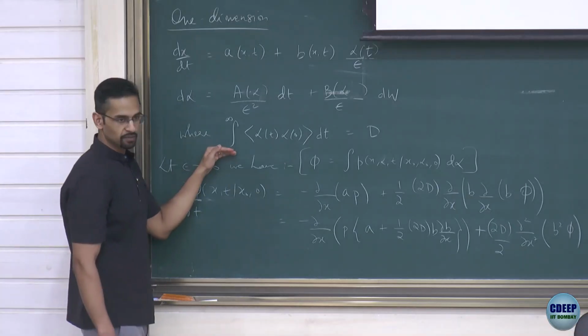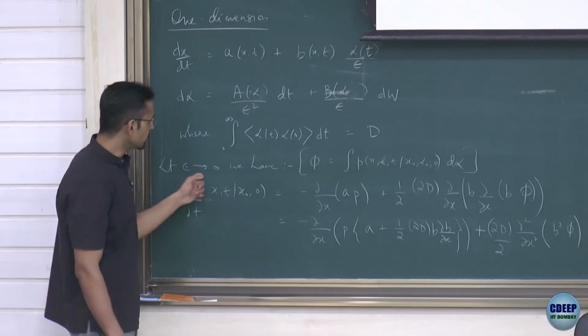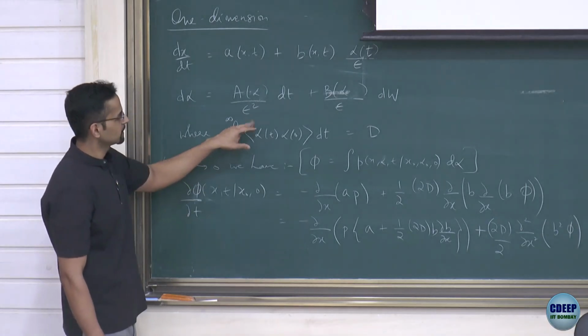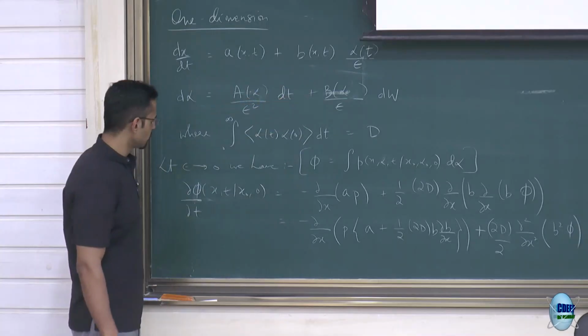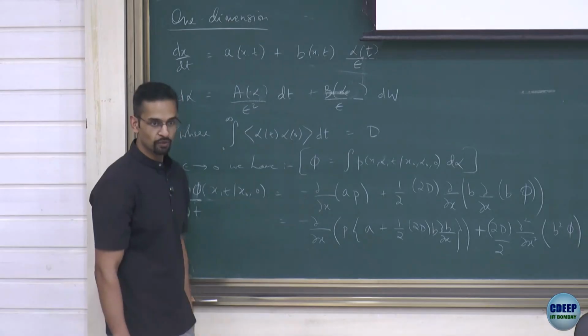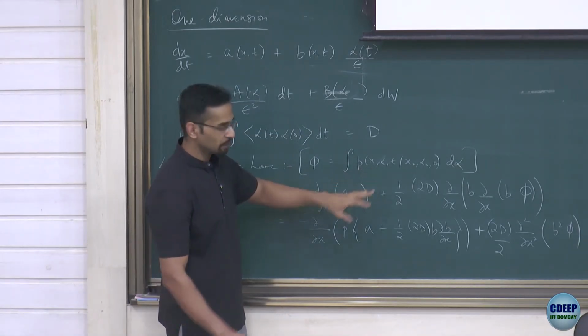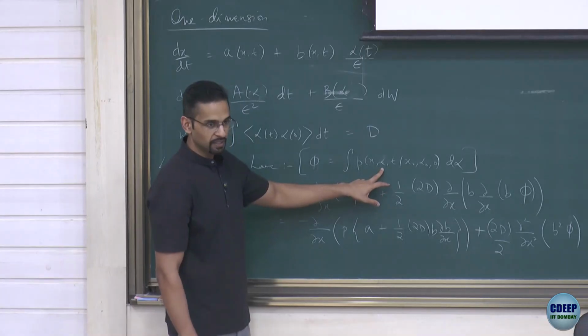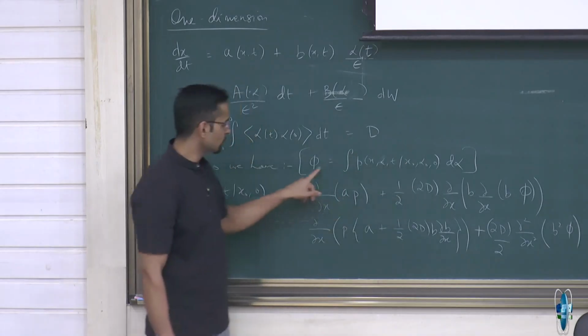Then if you know this, what we proved using center manifold reduction is that in the limit of epsilon going to 0, where the scaling has been done in such a way to give you the white noise limit, if I go to the Fokker-Planck equation and consider the combined PDF for x and alpha, and then take the marginal distribution after averaging out alpha, that I call phi.